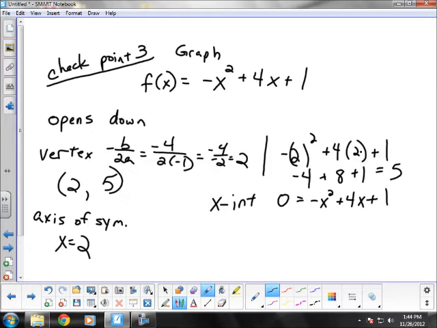Even with bottoms up, that's going to make that negative 1, and there's no two numbers that multiply together to give you negative 1 that add together to give you 4. Not nice whole numbers anyway. So might as well put it in the quadratic formula. Remember, the quadratic formula says that x, which is the x-intercept, is equal to the opposite of b plus or minus the square root of b squared minus 4 times a times c over 2 times a.